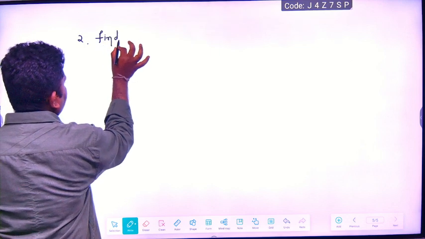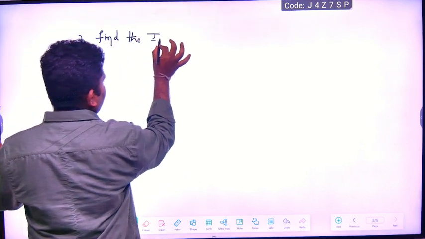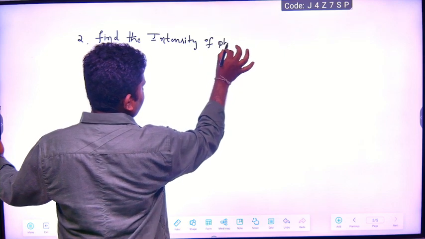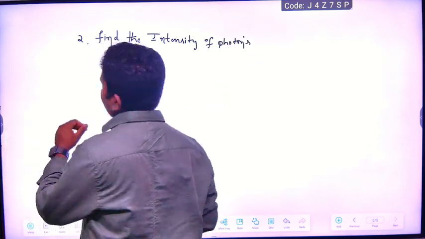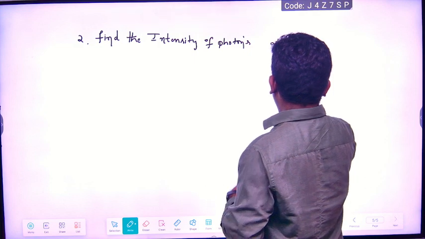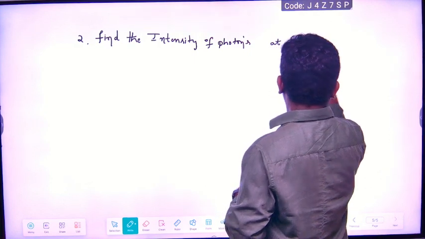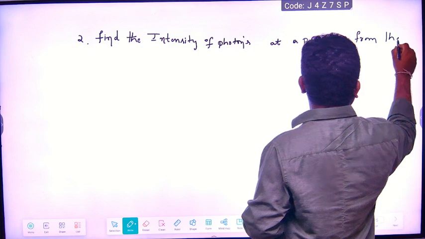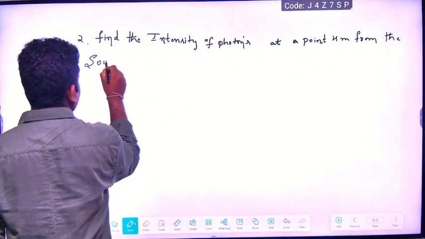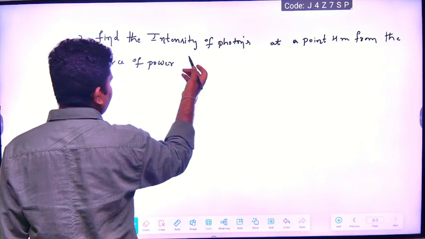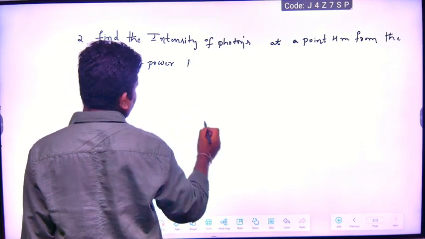Find the intensity of photons at a point 4 meter from the source of power, how much? 20 watts, 10 watt, you take anything.